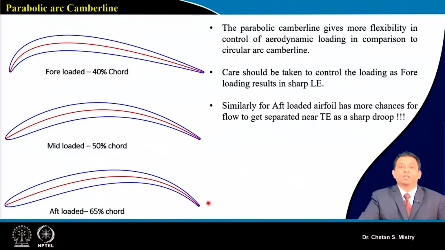Here, if you look, this is also a kind of aerofoil people use when they are looking for an aft kind of configuration. Here you can understand, if the flow is not well managed, there may be chances of flow separation happening near the trailing edge.